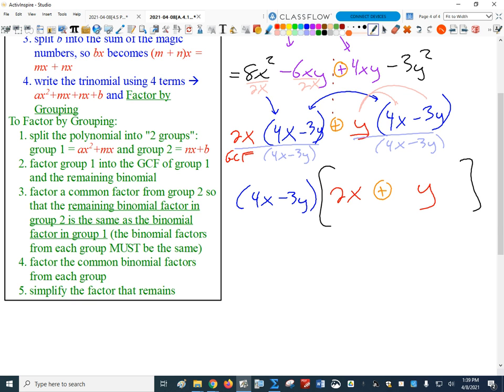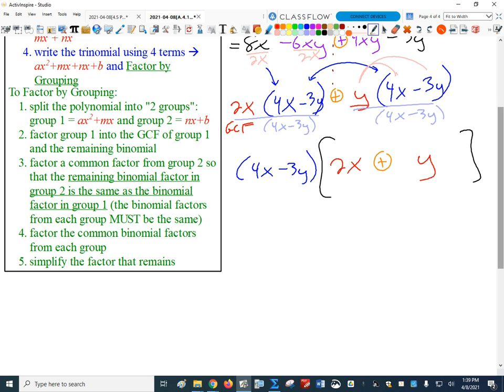So it works. We got it. Final answer just looks like 4x minus 3y times 2x plus y. So even for those really tricky ones, where we're factoring trinomials that have both x's and y's, and that's tricky, this factoring by grouping works.